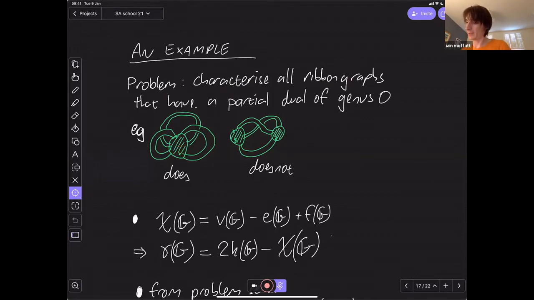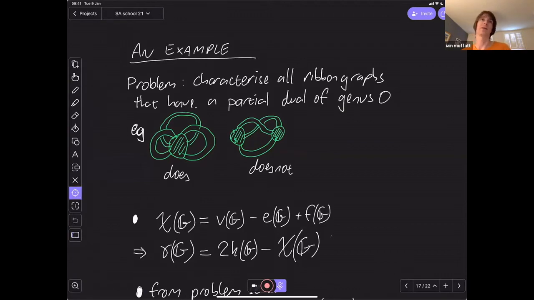But sometimes I can't. No matter what partial dual I do for this ribbon graph, I'll never get something of genus 0. So I could look at the problem of characterizing all of the ribbon graphs that have some partial dual of genus 0.